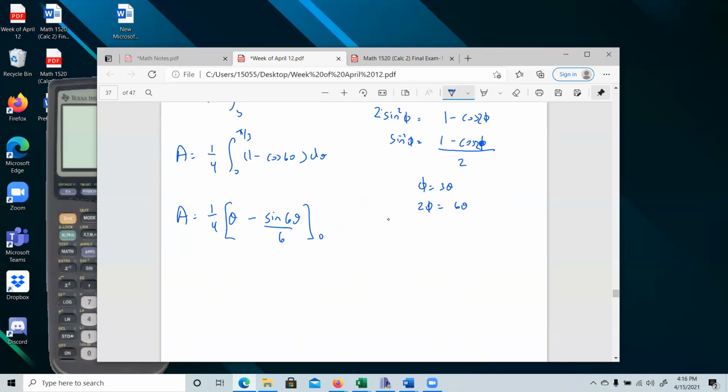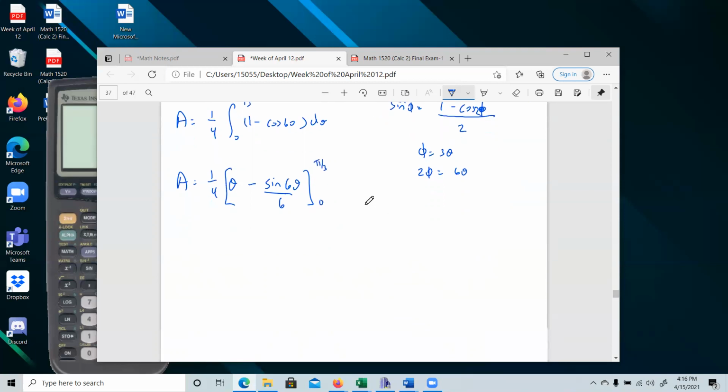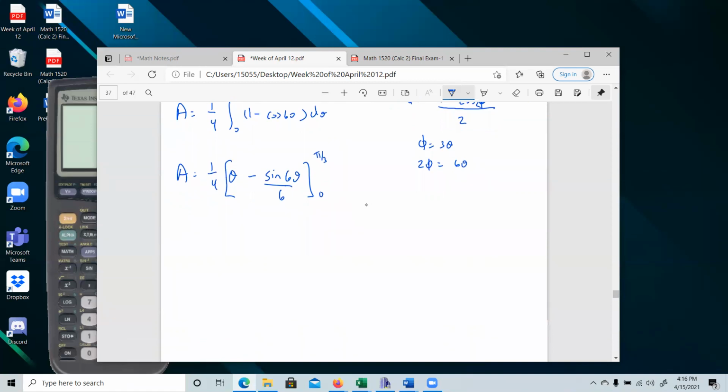Okay, and we're going from 0 to pi over 3. Okay, so we got to plug that in. So we have area is equal to 1/4. And here we have pi over 3, that's theta, minus sine of 6 times pi over 3 times 1/6, minus.